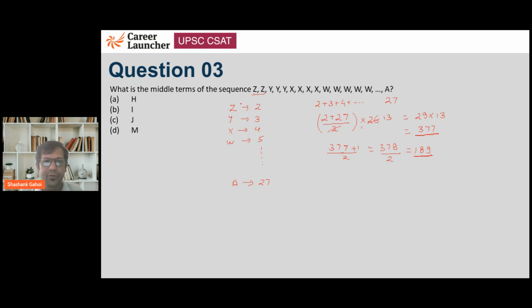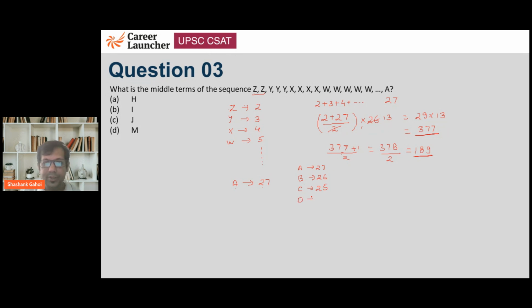Now instead of going from Z to the opposite side, I am starting from A. A is appearing 27 times. Okay, so A goes 27 times. B goes 26 times. Okay, so total are 53. C goes 25 times. It is going to be 78.